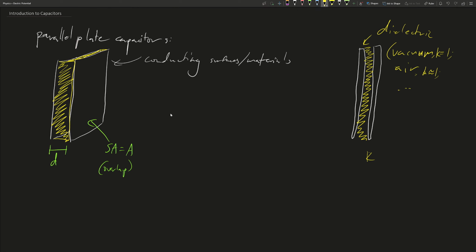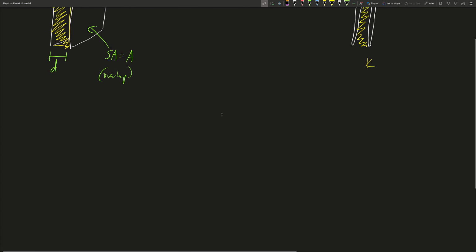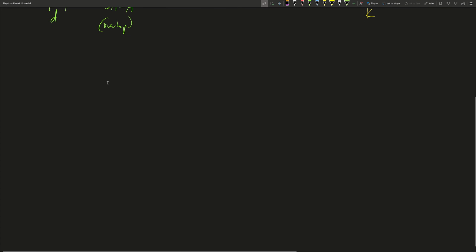Now, given these variables, we can calculate the capacitance for a capacitor. But first, let's get into what capacitance is. A capacitor will have a capacitance.